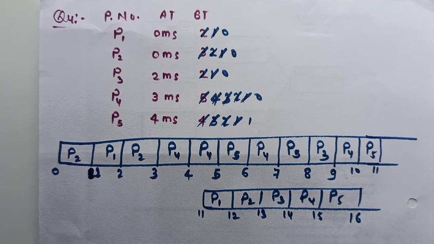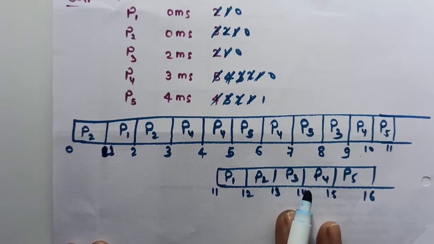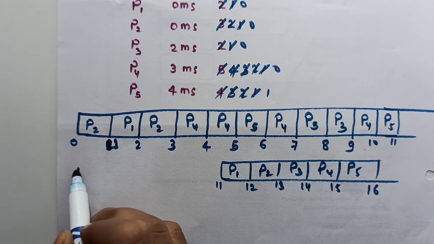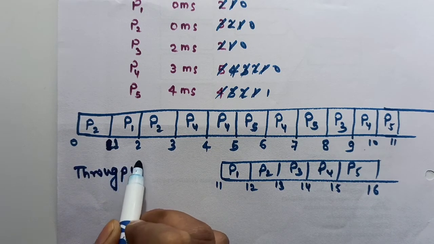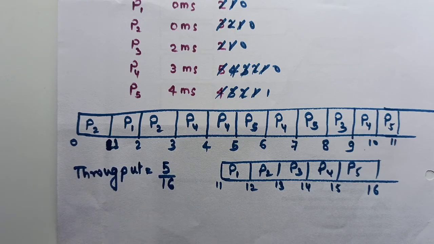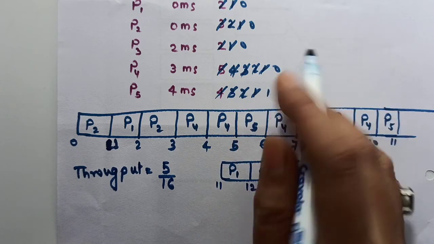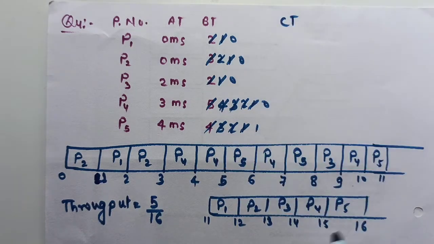So here what will be the throughput? Throughput क्या होगा? Throughput is 5 by 16, right? And let's calculate the completion time next. First, completion time.